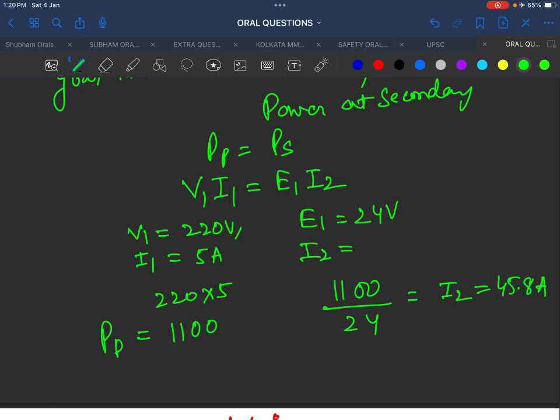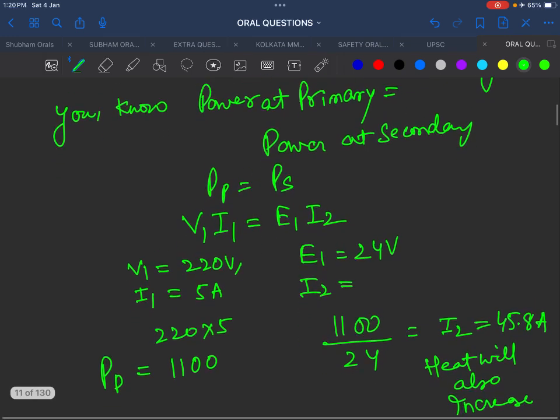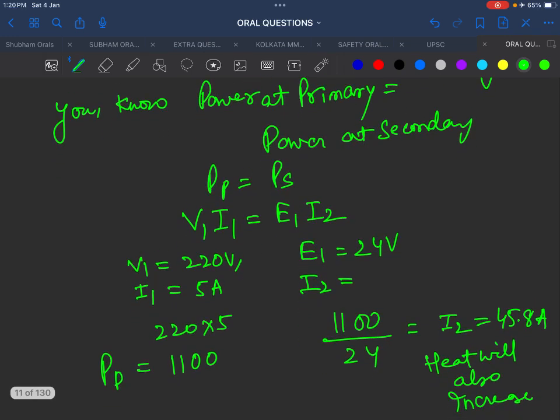Current will increase and heat will also increase, but power will always be maintained. The primary power and secondary power are always maintained, but current will increase. If you reduce the voltage, then current will increase, and if voltage increases, then current is reduced, to maintain constant power.